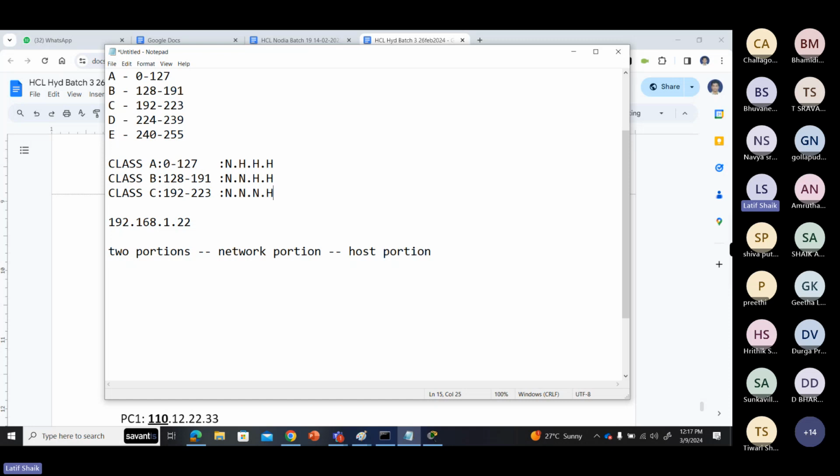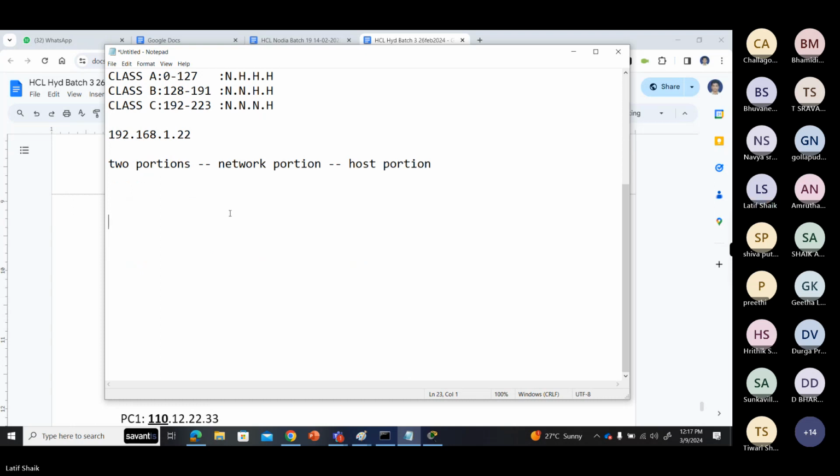So these three represent host portion, meaning host numbers only.